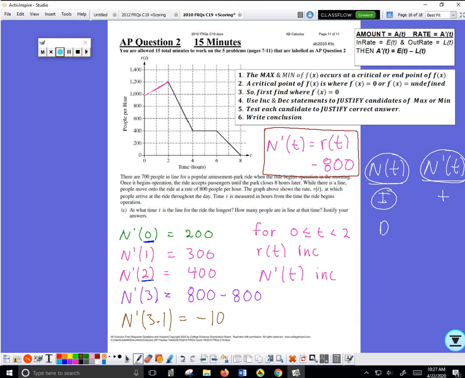The idea being that any fraction of time after hour 3, that's when the in rate becomes just barely smaller than 800, so my overall rate n prime becomes negative. And when n prime becomes negative, that's when the number in line starts to go down.